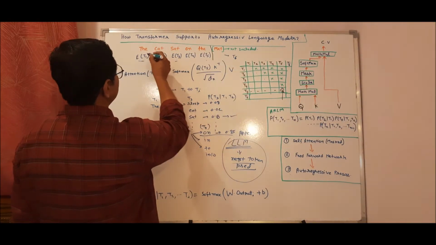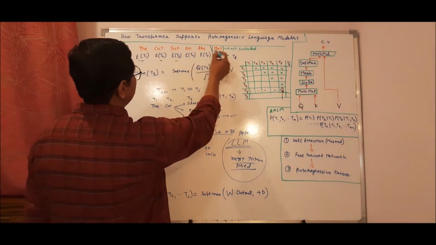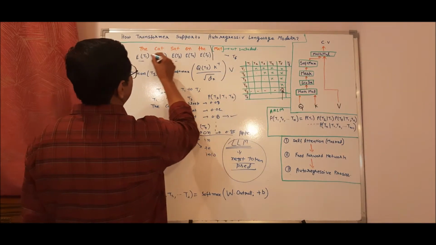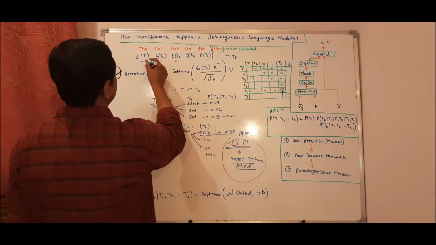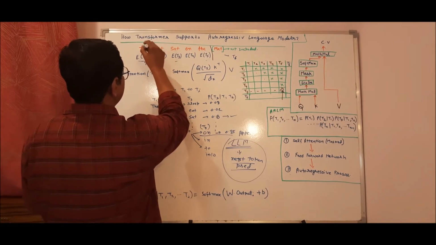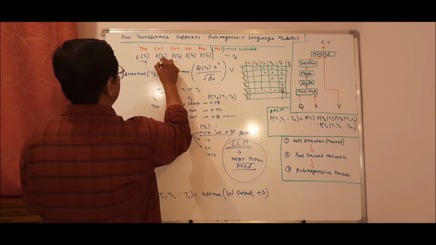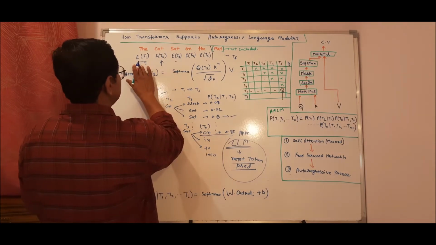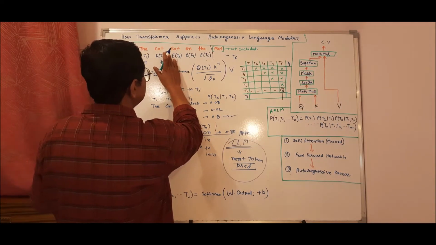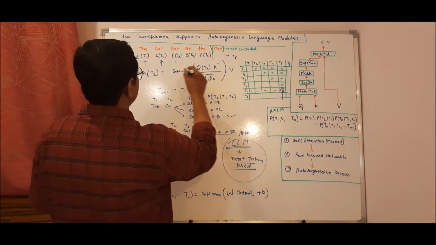Suppose we have a masked architecture represented as a matrix from T1 to T6. You can see that if we are at token T1, we can see only this token. If we are at token T2, we can see the previous token and the current token, but we cannot see the tokens after that.